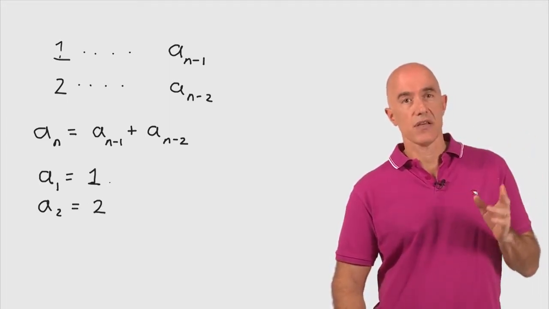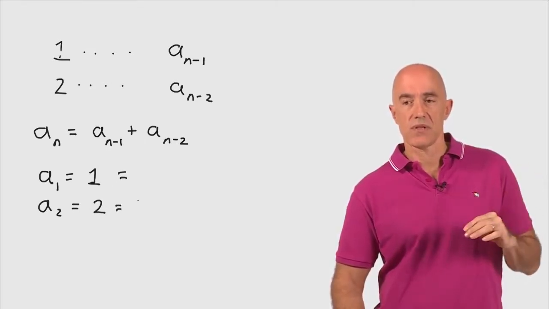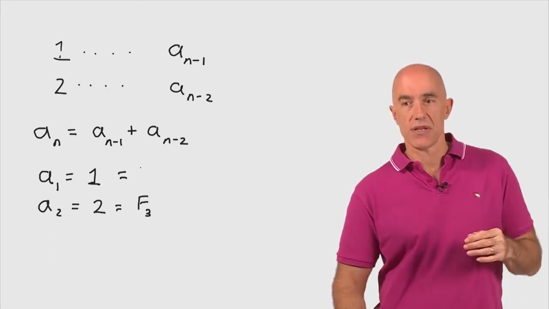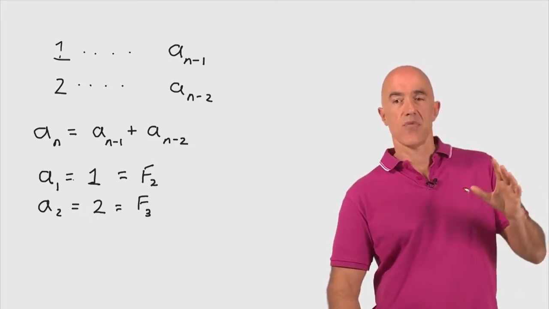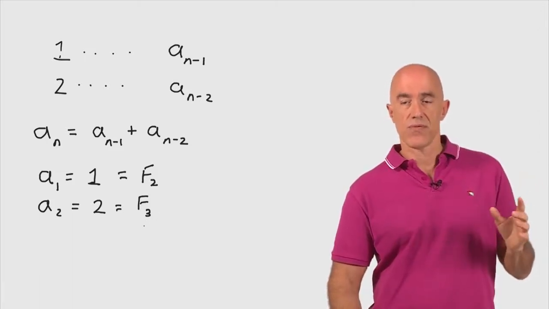So these are not the initial values for the Fibonacci sequence, but 2 is a unique Fibonacci number, the third Fibonacci number. And 1 can be either the second Fibonacci or the first Fibonacci number. Here I'll take it to be the second Fibonacci number. So a sub 1 is f sub 2, a sub 2 is f sub 3.